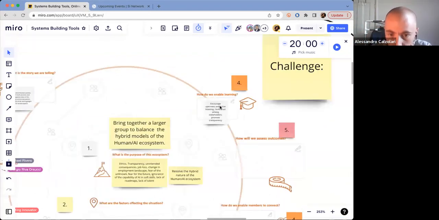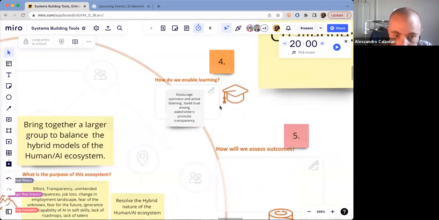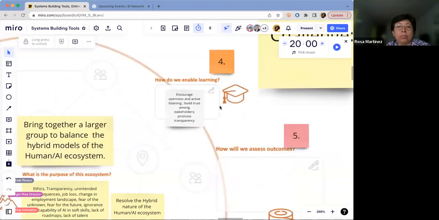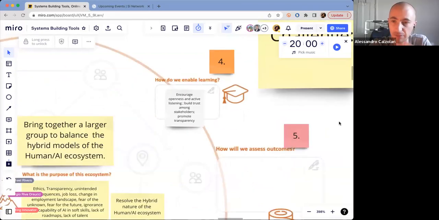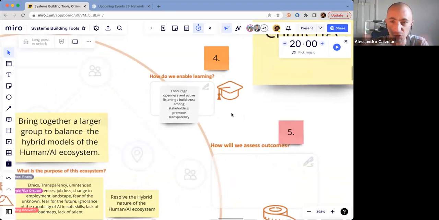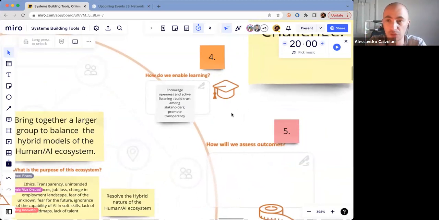Then we look at how do we enable learning, and we thought about encouraging openness and active listening. The reason for this one is, if members are open to listen to both sides of the arguments and try to understand what might be a problem, but also to see everything as an opportunity rather than just something which is threatening, that also builds trust among all the stakeholders.